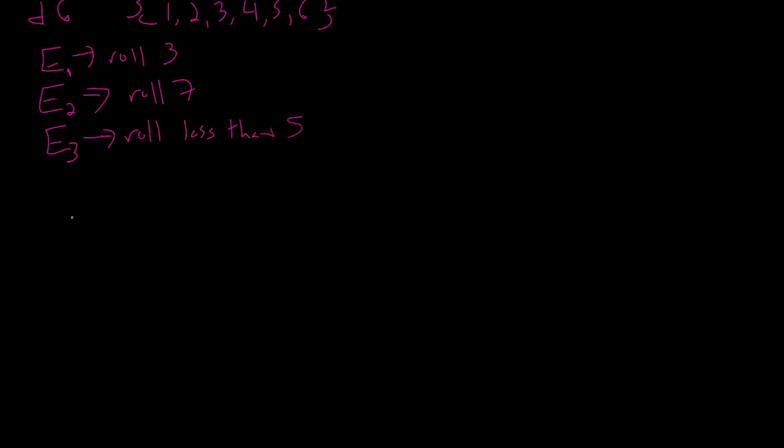And so the probability of event 1, well, there's only 1 three, so the number of outcomes is 1, and my sample space has 6 things. And that's approximately 0.167, right? It's 0.1666 repeating, but we'll round it, about 16.7%. But we'll write it this way. And my probability for event 2, we're rolling a 7.